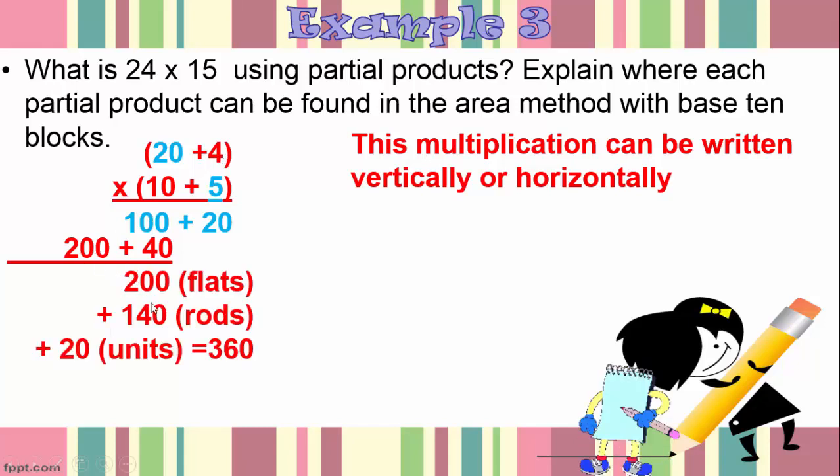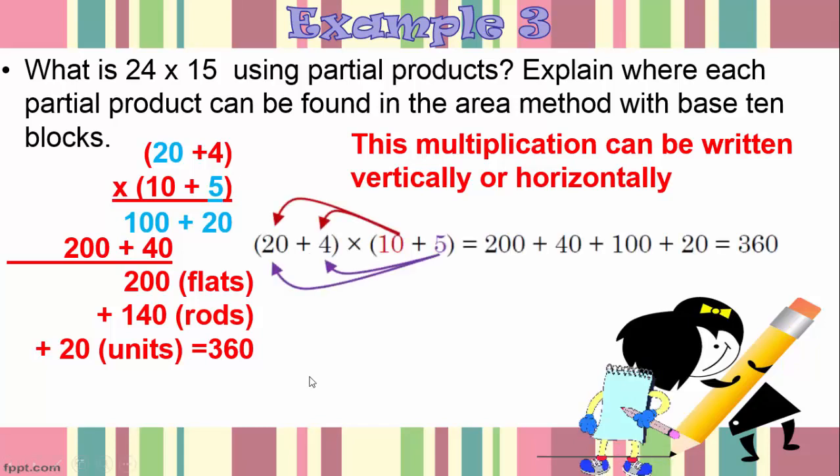Then I end up with 200, and that would represent the flats. I add these two up, 140, and that would represent the rods. And then lastly, I have the 20 here, and that would be the final 20 units. And then I add them all up, and I get the 360 as before.